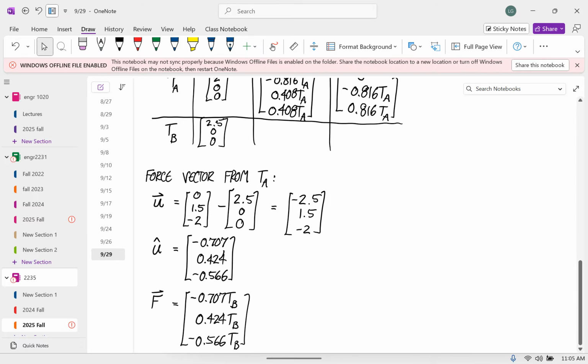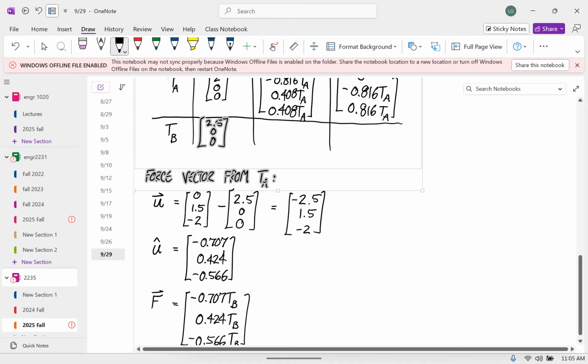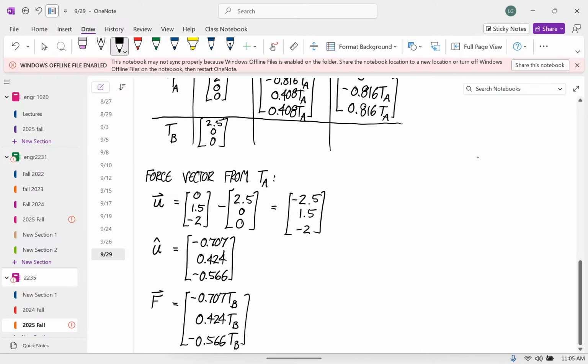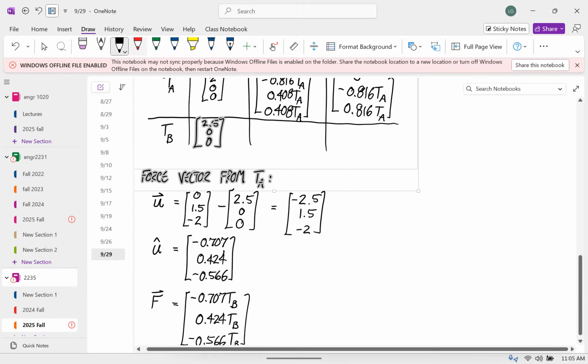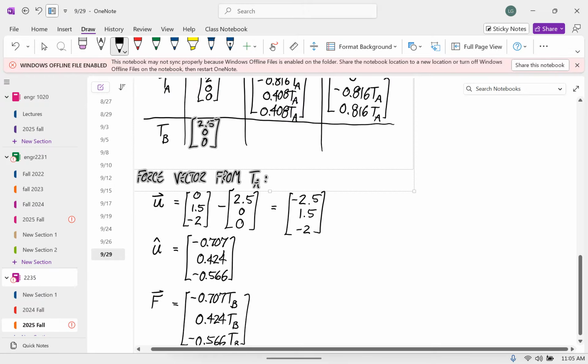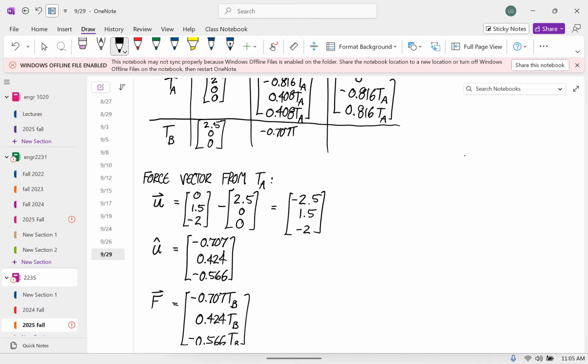Now I'll put this in here for the force vector: negative 0.707 TB, positive 0.424 TB, negative 0.566 TB.